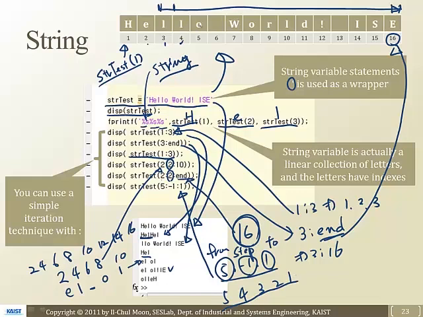So 5 is O, 4 is L, 3 is L, 2 is E, and 1 is H, right? That corresponds to here. So this is how to manipulate strings with this iteration operation. It's from, this is to, and this is the step. All right, okay.